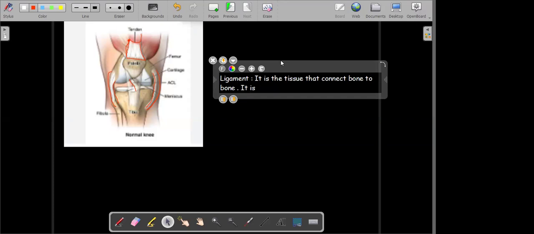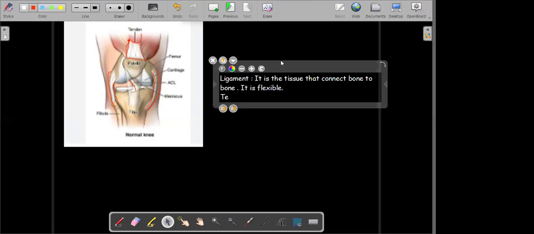We can say it is flexible, so ligament, it is flexible. Then about the tendons. So the work of the tendon is it joins muscle to bone. Okay.